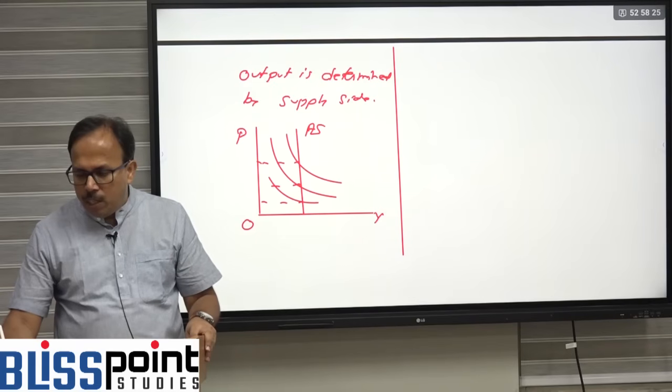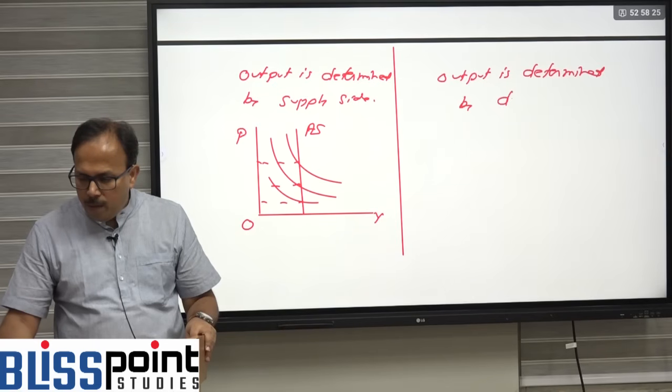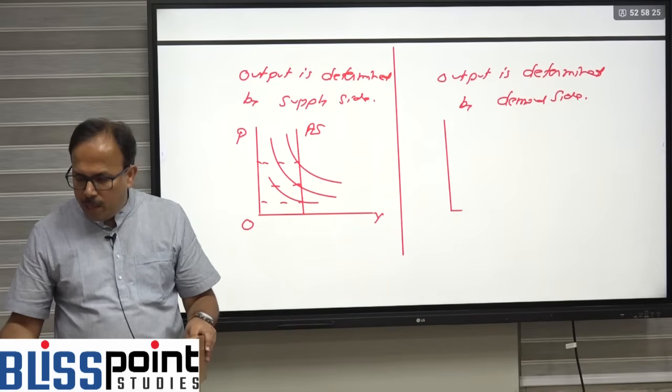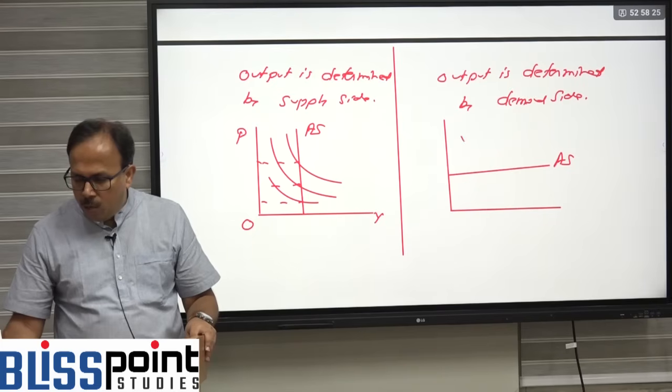But when we talk about the Keynesian argument, Keynes के argument में कहते हैं output is determined by the demand side. So if you have an AS line, now if you draw the aggregate demand, that AD will determine the output.